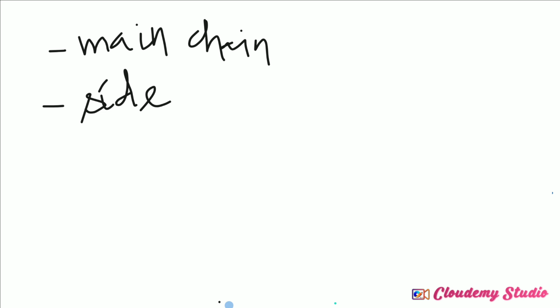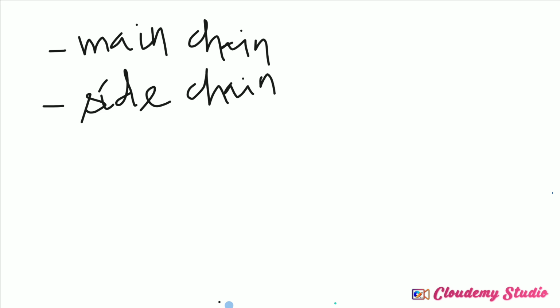The main chain has to be identified. Then, besides the main chain, the side chain, that is the substituent. Main chain and substituent we need to identify.